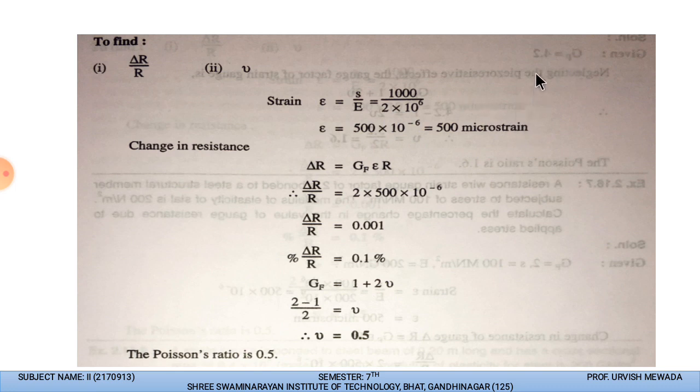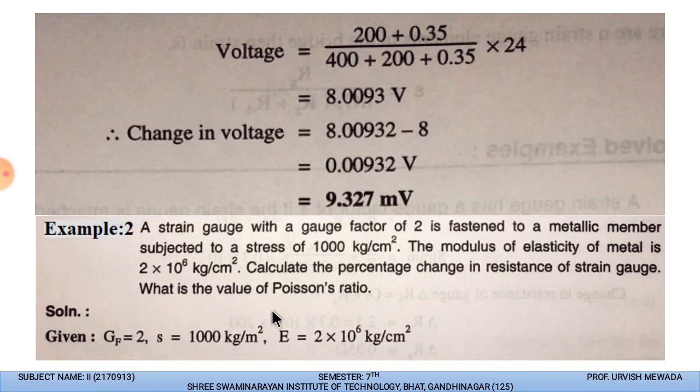Whenever the stress is applied on the strain gauge, its resistance will change. So the change in resistance, delta R, is proportional to the gauge factor times the strain times the original resistance. We have the value of the gauge factor given over here; you can see 2 is the gauge factor value.